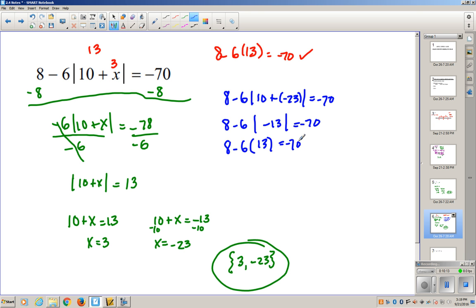And now, negative 6 times 13 is negative 78. So you would have 8 minus 78 equals negative 70. And 8 minus 78, of course, is negative 70. That's also a true statement. So plugging them both back in, they both work. So that is solving equations with absolute value.